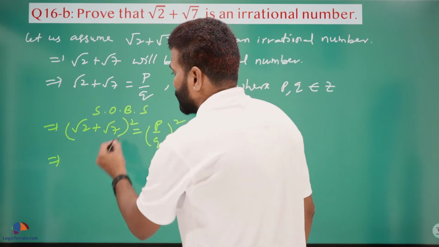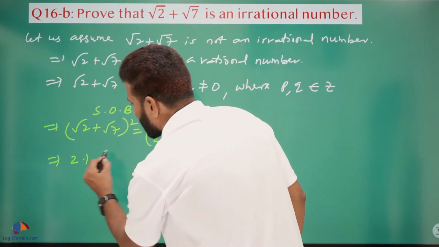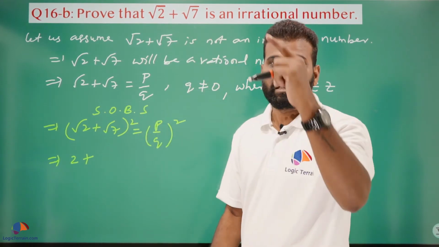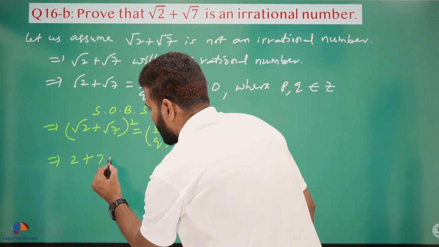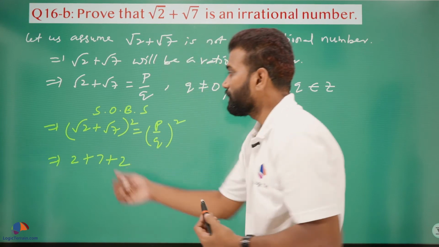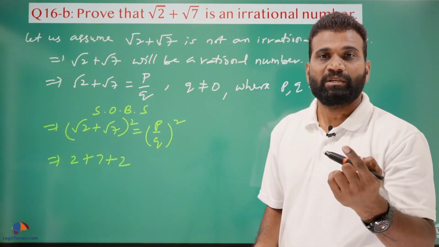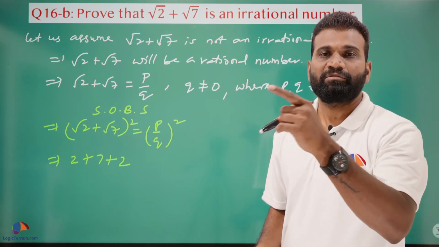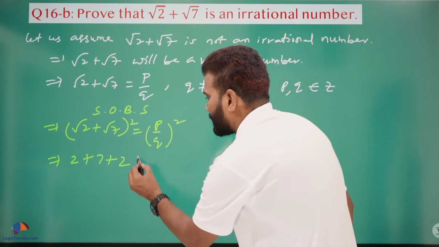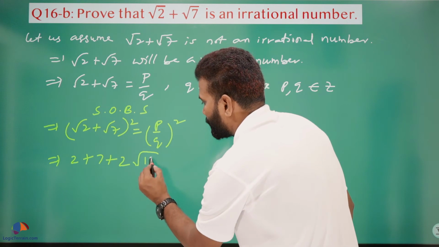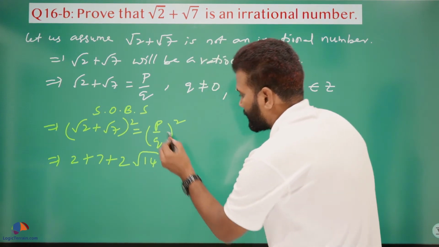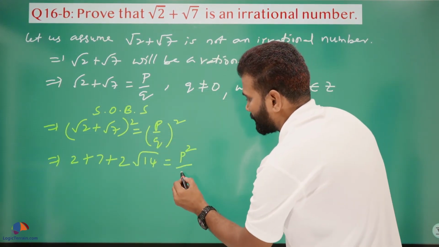So square root 2 square becomes 2, square root 7 square becomes 7, plus 2 into square root 2 into square root 7, and we know that square root a into square root b is equal to square root of a into b.